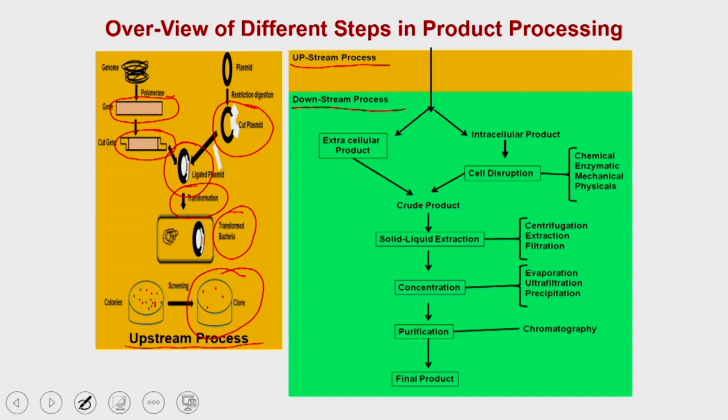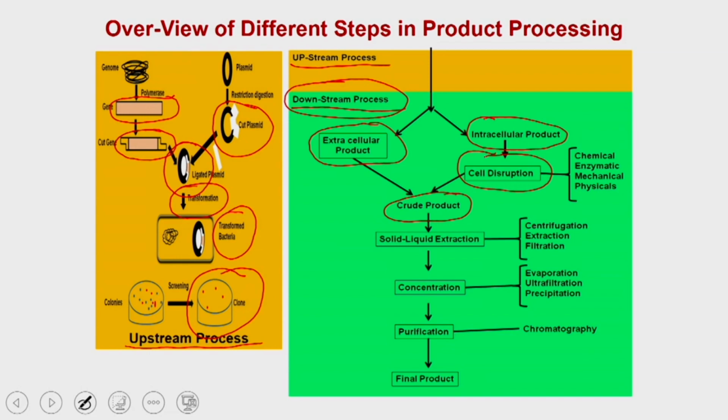Now, once you have generated the product, then it comes into the downstream processing. Within the downstream processing, you can have two possibilities: either the product what you are generating is an extracellular product or it is an intracellular product. For extracellular product, that product can directly be taken into the downstream processing, whereas for the intracellular products, the first step would be to disrupt the cells and extract the product into the supernatant.